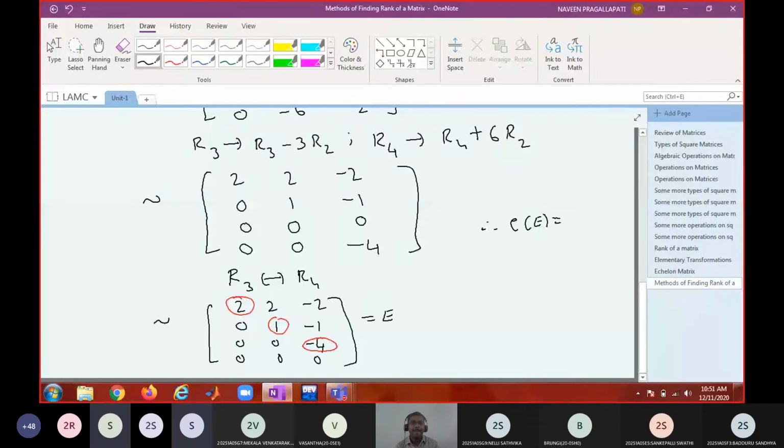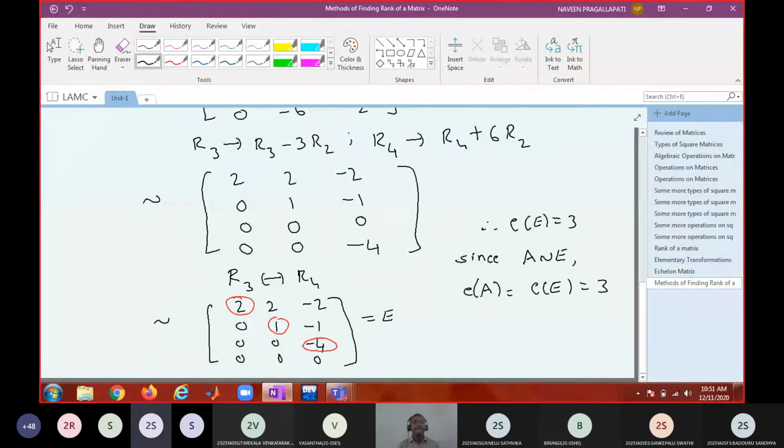The number of non-zero rows. And since A is equivalent to E, the rank of A is equal to the rank of E, equal to 3. Do you understand?